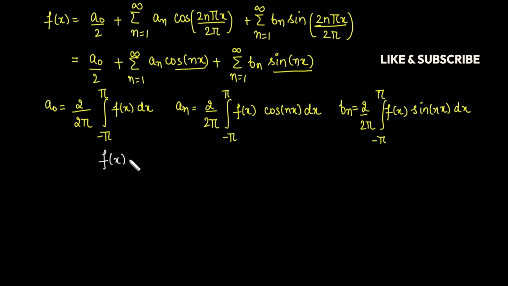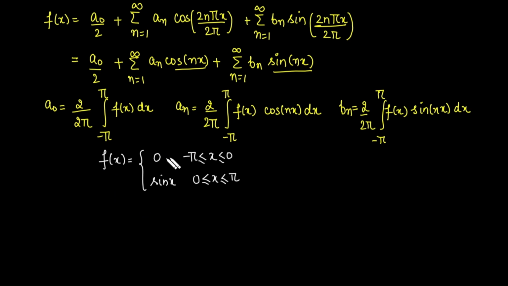The function is defined piecewise, so we need to split this integration in order to evaluate a naught, a n and b n. Let's calculate a naught first. So a naught is equal to 1 upon pi integration from minus pi to pi of the function with respect to x.